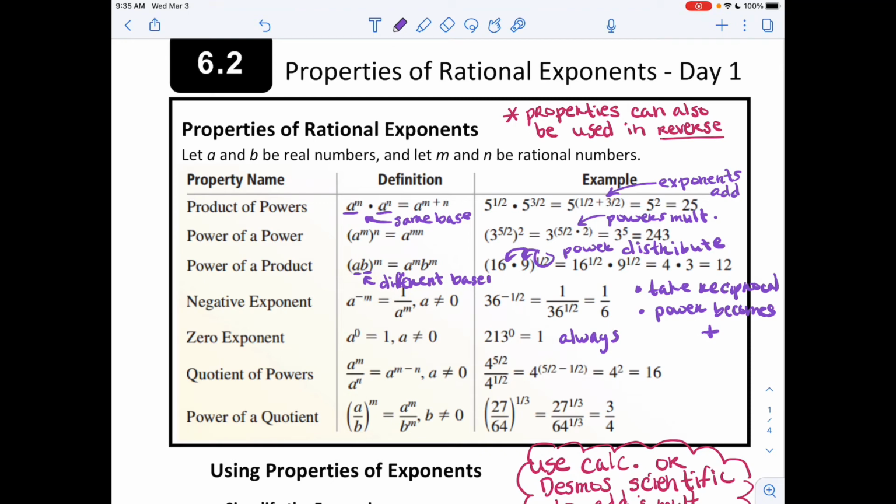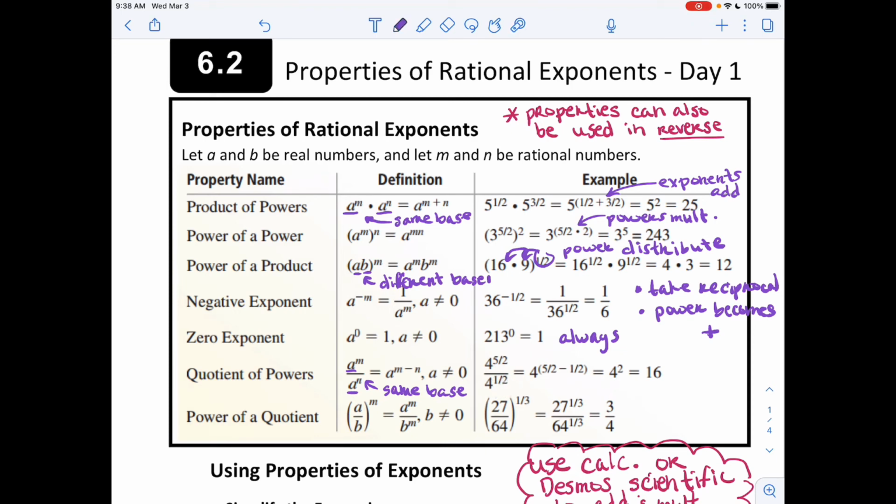Quotient of powers. So now we're dividing. And if we have the same base again, notice that this is an A and this is an A, but we have different exponents, then we can just take that as a single base and subtract our exponents. For our quotient of powers rule, our example says 4 raised to the 5/2 power divided by 4, the same base, raised to the 1/2 power.